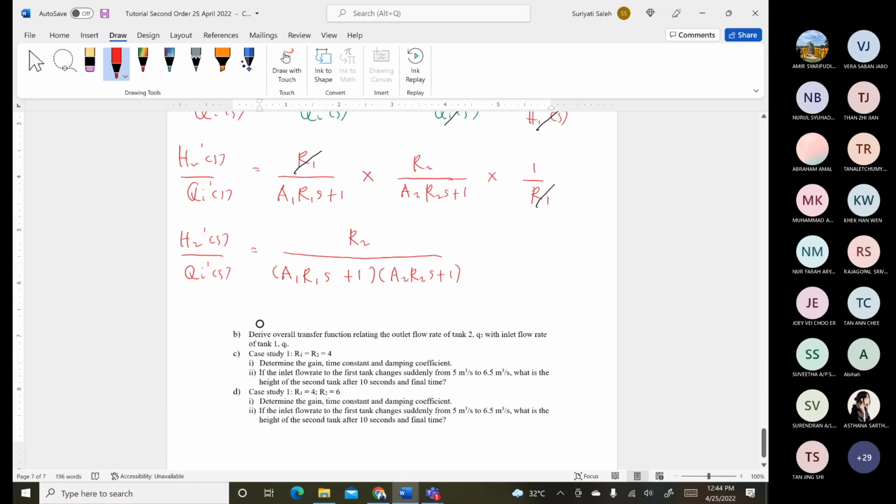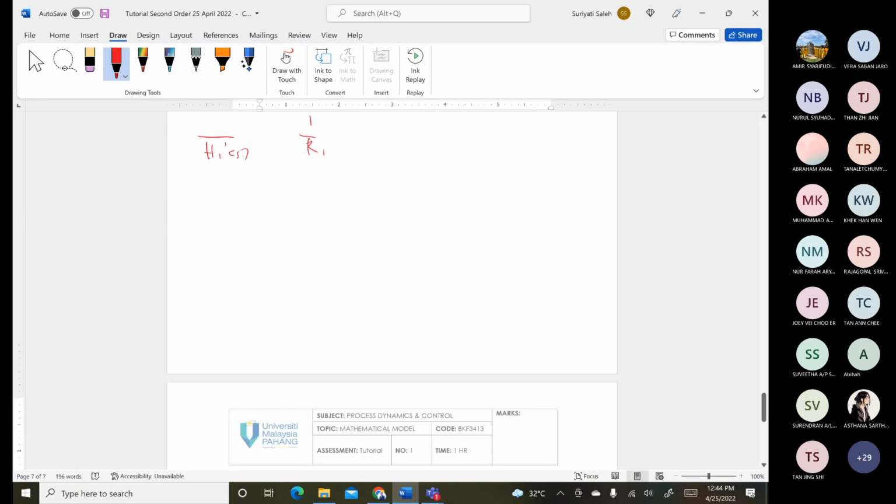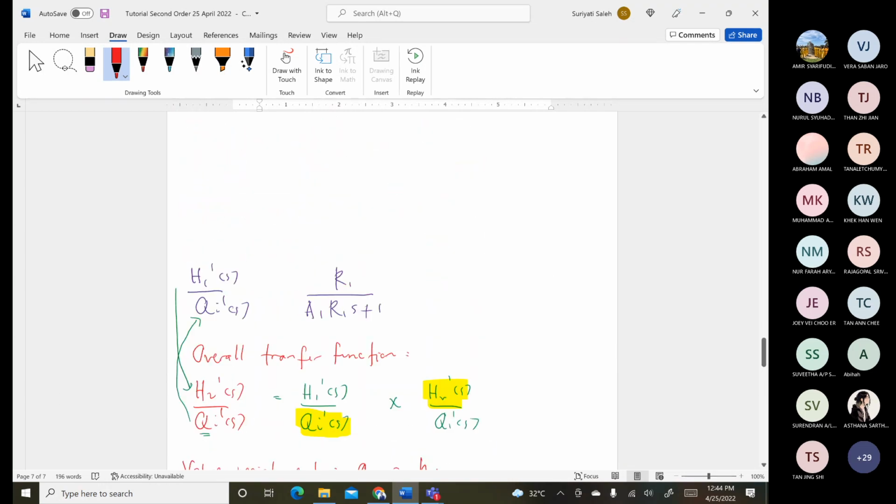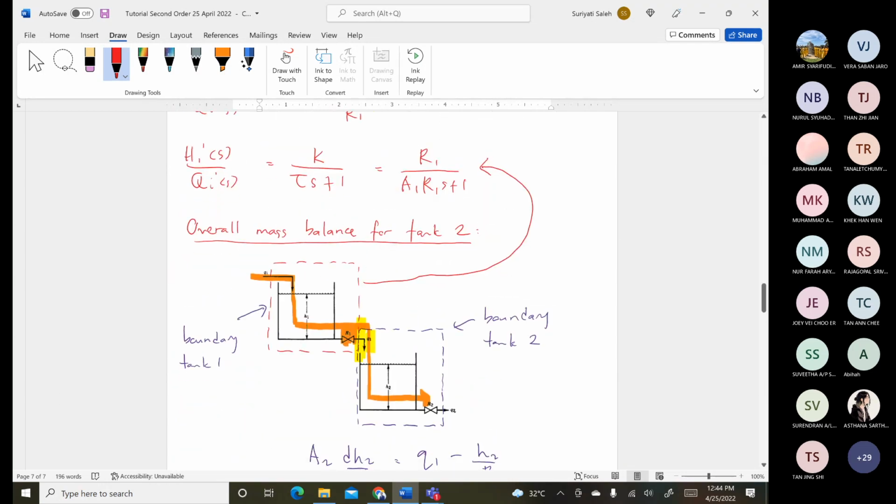So in this case, normally when you have multiple tanks, for our subject, the maximum unit operation or maximum tank that can be used will be 3. So if you have, let's say, 3 tanks, that means you need to do it one by one.